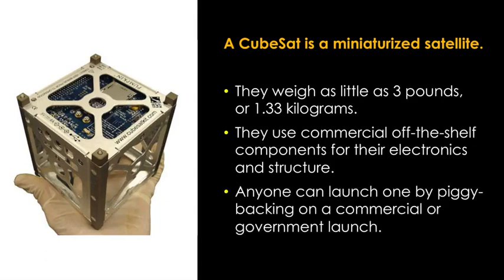And anyone can launch this CubeSat that they have built and customized into space, into orbit, to have it navigate and sense data and send data back to Earth, and you don't need to be NASA or a space agency to do this, that you can piggyback on a government launch or even a commercial space launch to put your satellite into space.